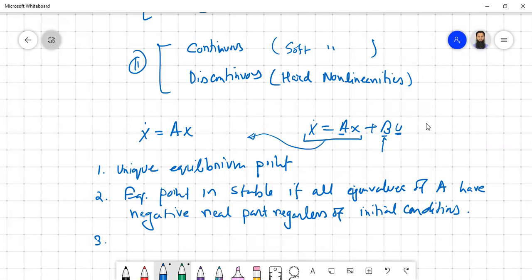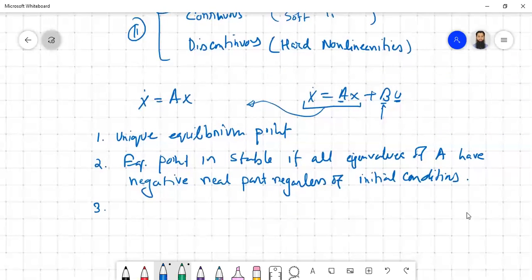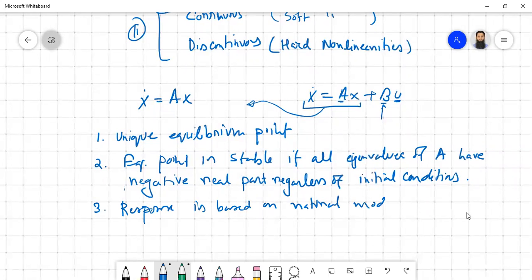So it is inherent: the response is the natural response, the response is the natural mode. As you can see, because it is representing only the system, it has to be the natural response, without any doubt.